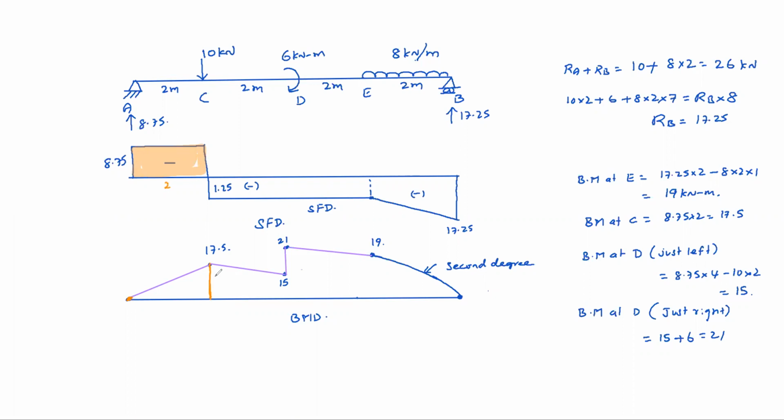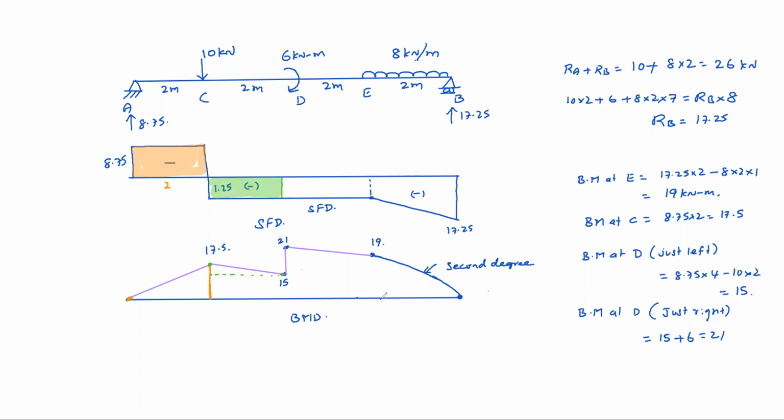Similarly, if I see the area in the shear force diagram in this region, what it indicates? 1.25 into 2, 2.5. That 2.5 is the difference of bending moment between those 2 points, provided a couple should not be there in between.